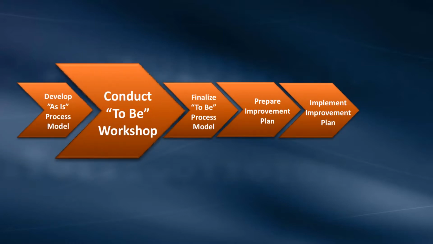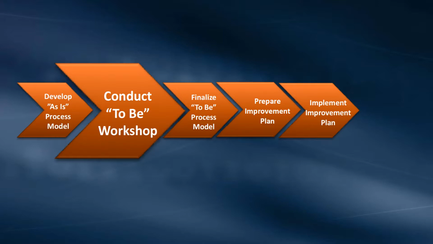The second step was to conduct a facilitated workshop for all the stakeholders to discuss and jointly identify improvements to the as-is process. Examples of changes included streamlining the workflow, introducing automation, and other improvements.